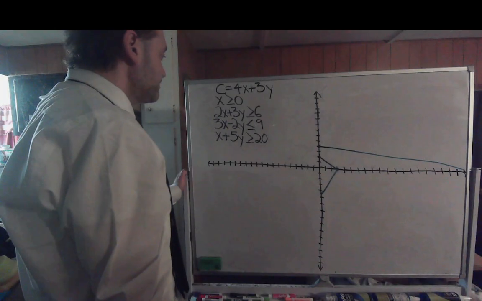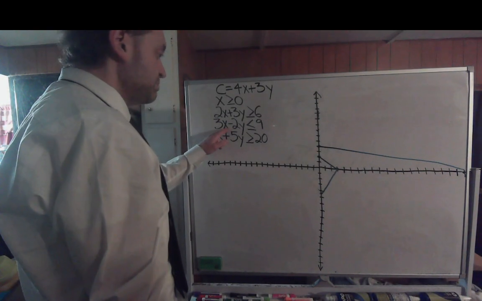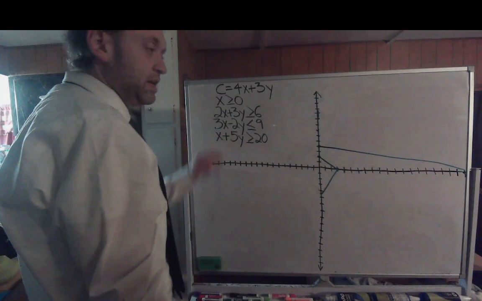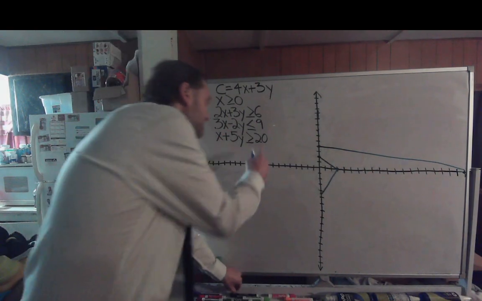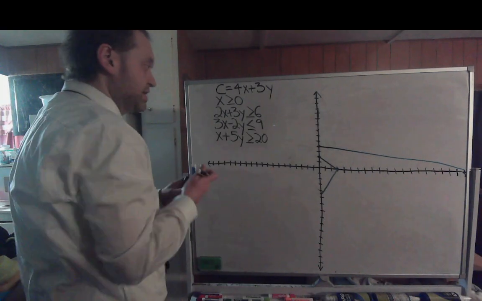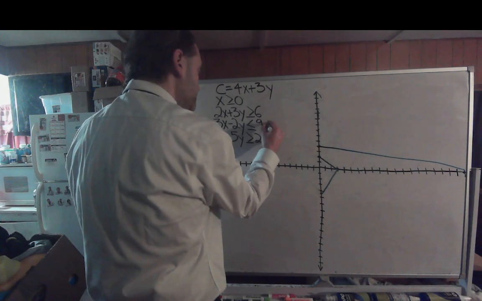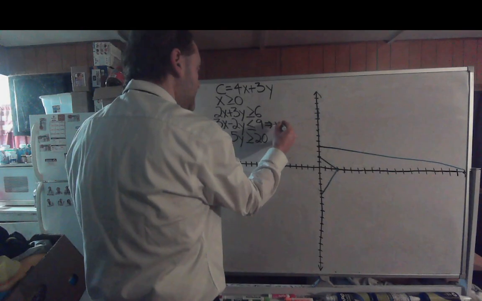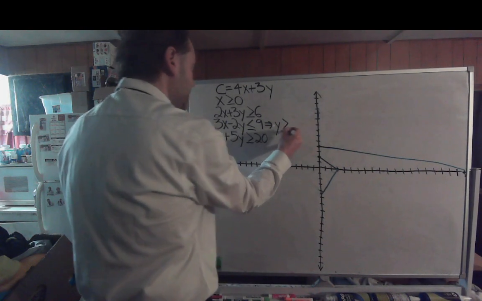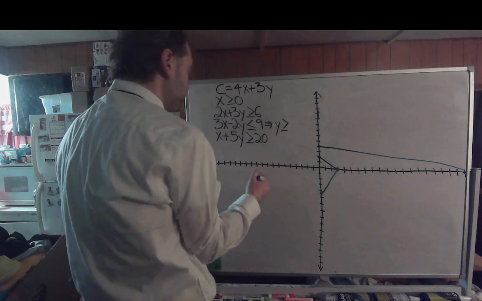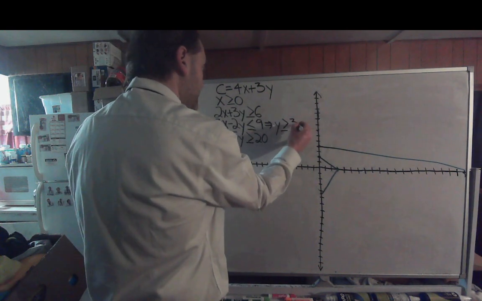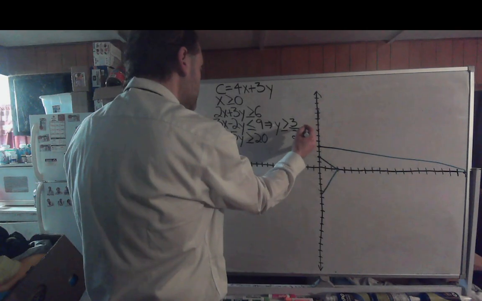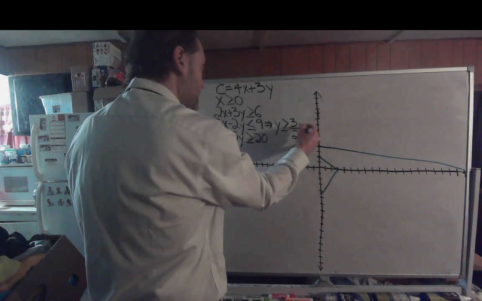And then the 3x minus 2y is less than or equal to 9. This is the only one I'd worry about converting into slope-intercept form. If you do that, you'll end up getting y is actually greater than or equal to 3/2 x minus 9/2.